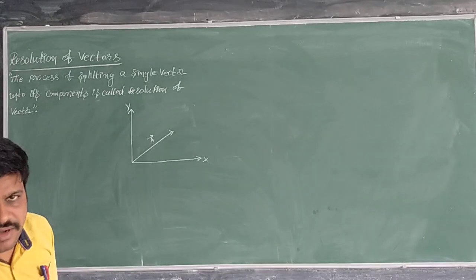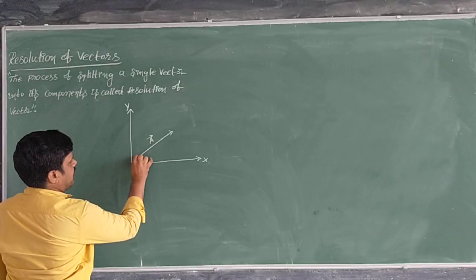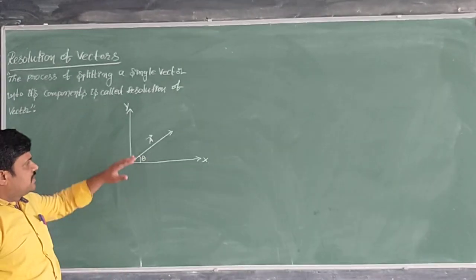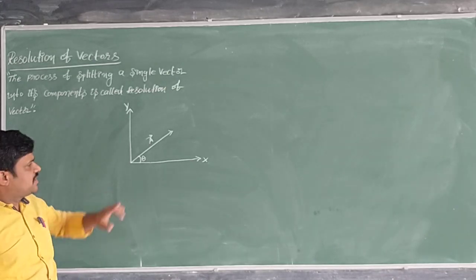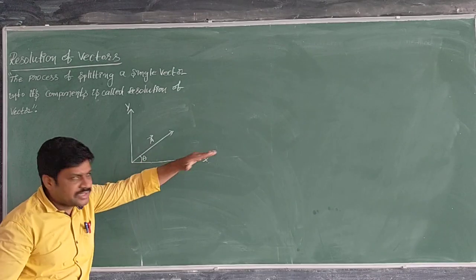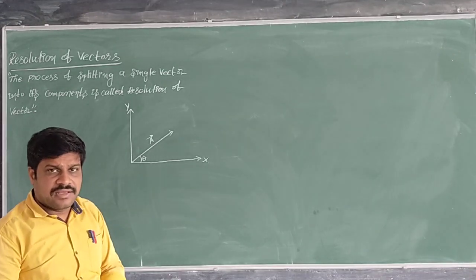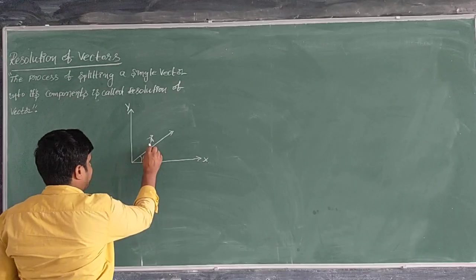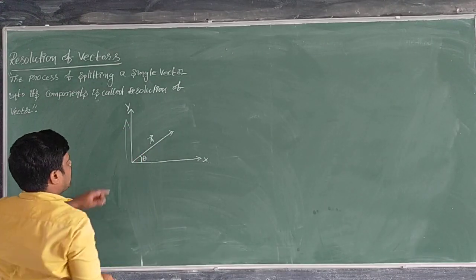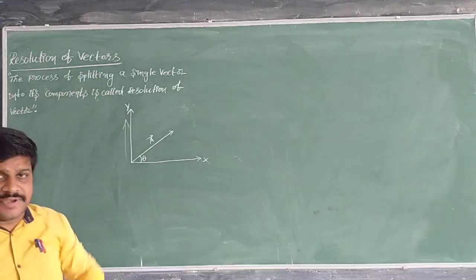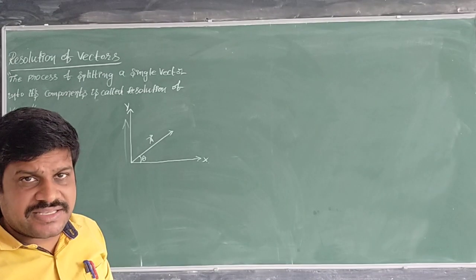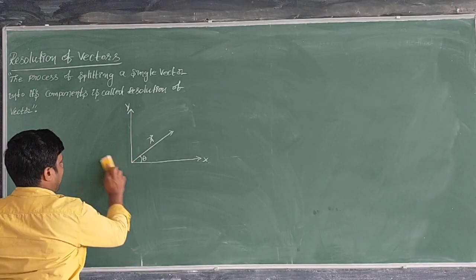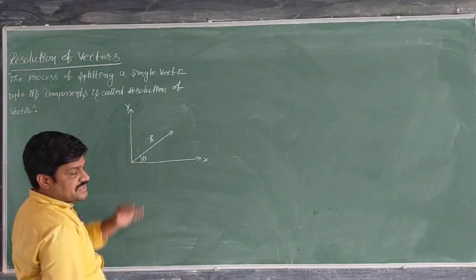This vector a bar makes an angle theta degrees with the x-axis. Suppose a bar is acting along the x-axis, then we can say the influence of the vector is only along the x-axis. Suppose the vector a bar is acting only along the y-axis, then the influence of the vector is only along the y-axis. But here the vector is acting in between the x and y axes like this.